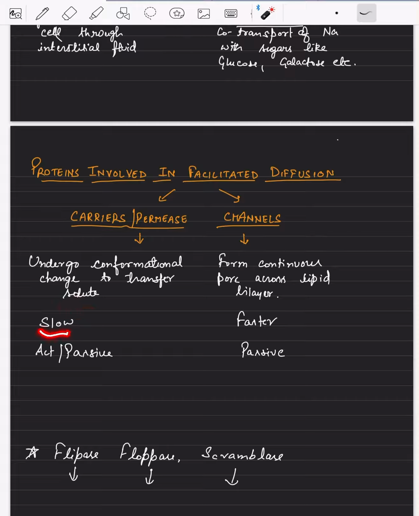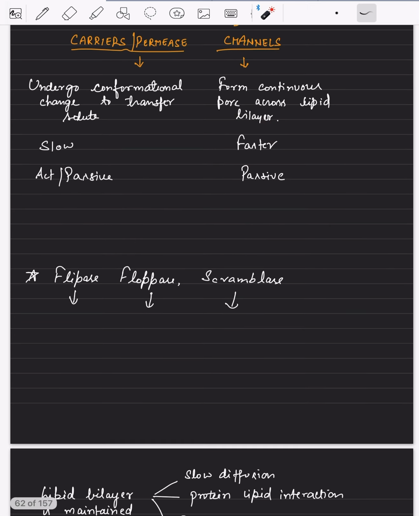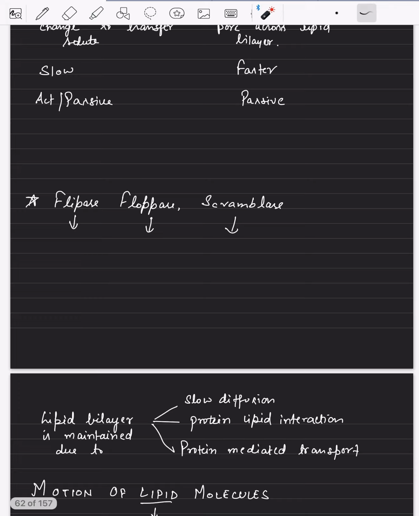This is a slow process, and the carrier protein is involved in passive as well as active transport. In facilitated diffusion, these are involved. Then channels are involved in passive transport and form a continuous pore across the lipid bilayer. These are faster.